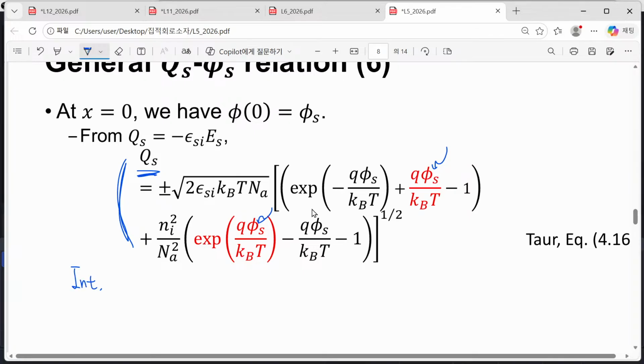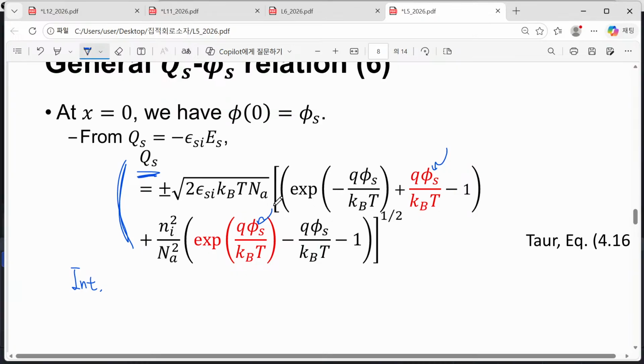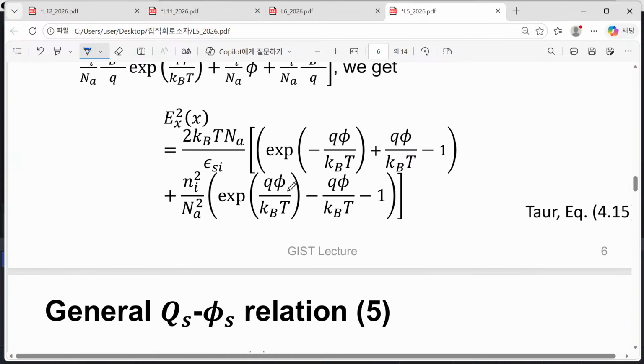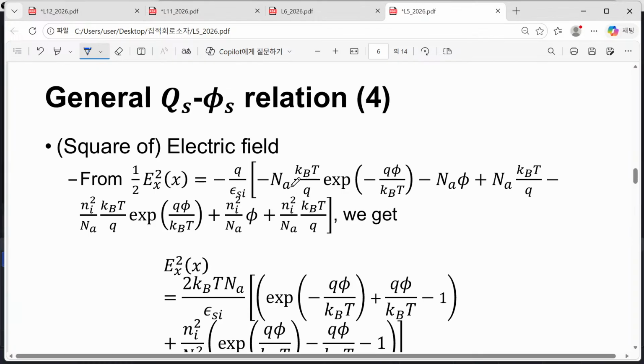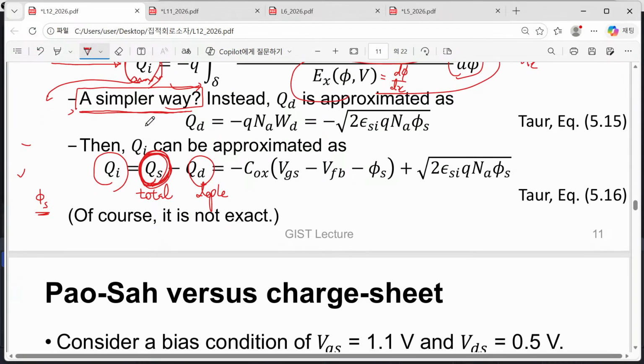Do we need integration all over this vertical structure? That was not necessary because we have done this integration already by hand. So we don't have to perform numerical integration here.